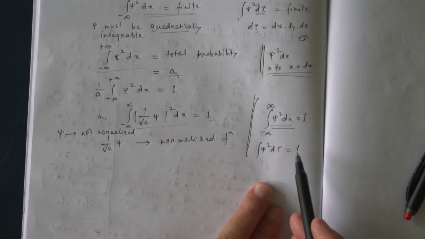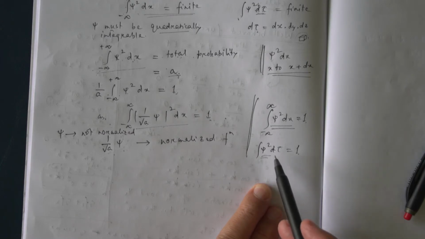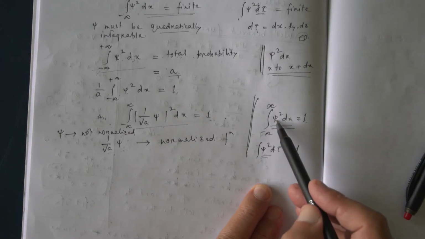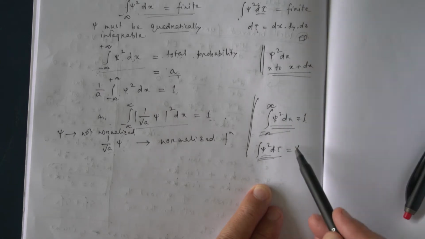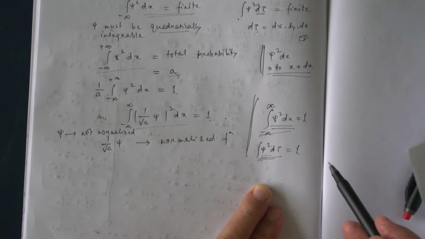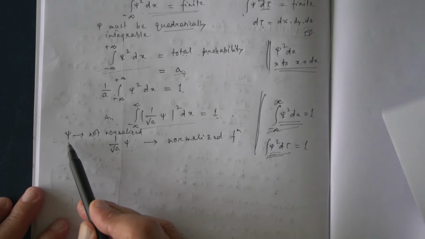If this integration is equal to 1, then psi is a normalized function. A function psi is said to be normalized if this integration is equal to 1.